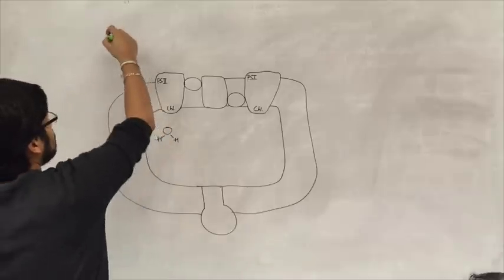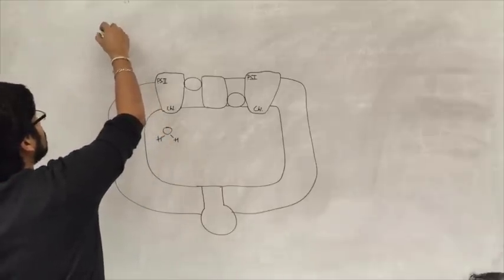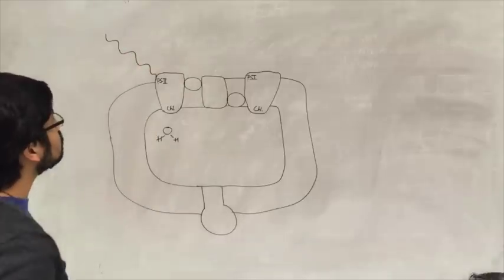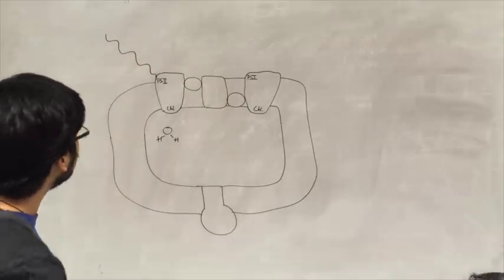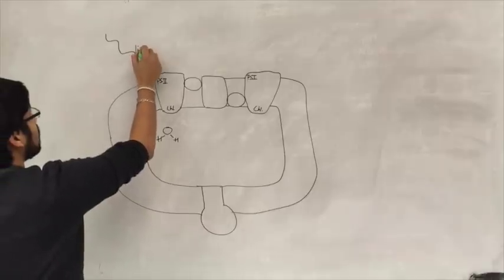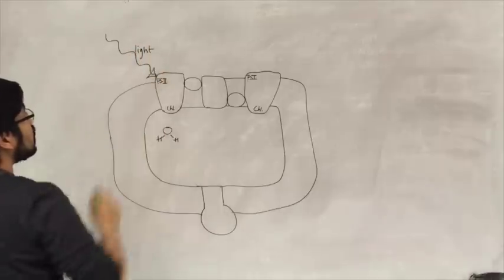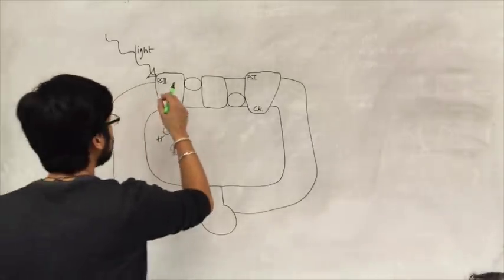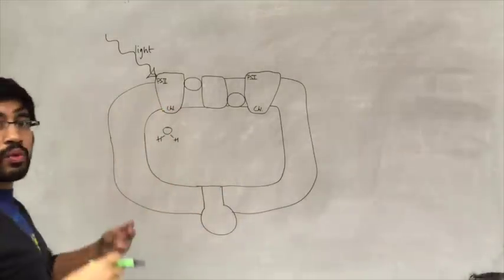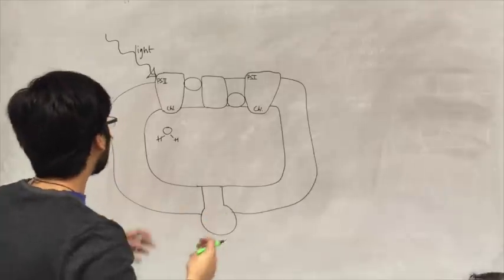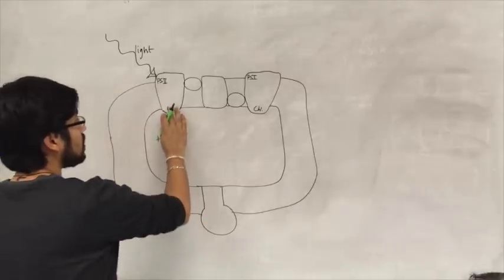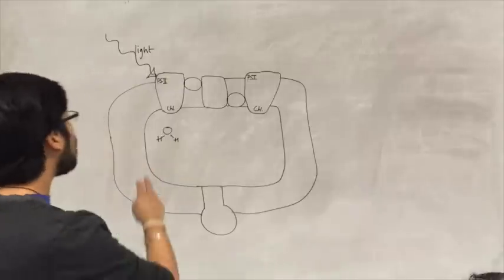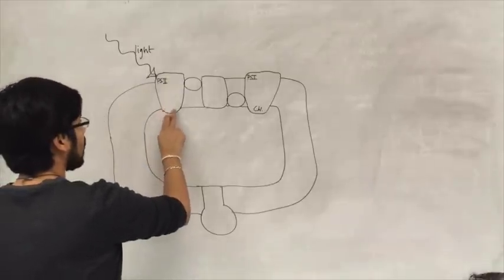Now, what happens is that on the absorption of a photon of light into photosystem 2, let's say that's our light right there, the light strikes the photosystem 2 and eventually makes its way to the chlorophyll. And a number of things happen, which we need to think of as happening simultaneously, even though it's probably not actually the case.